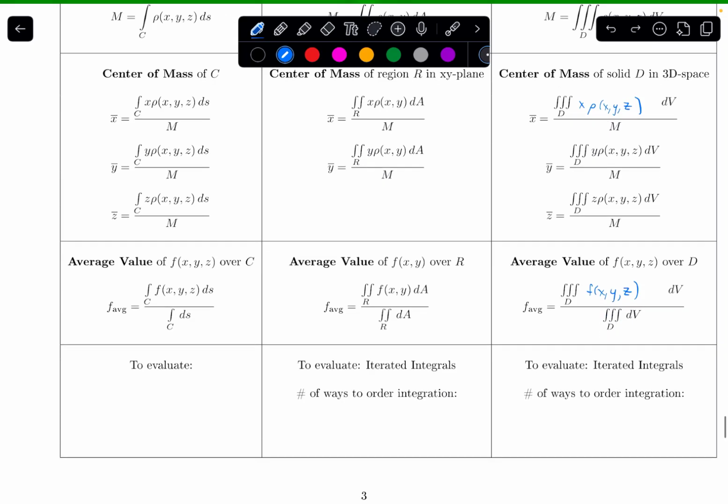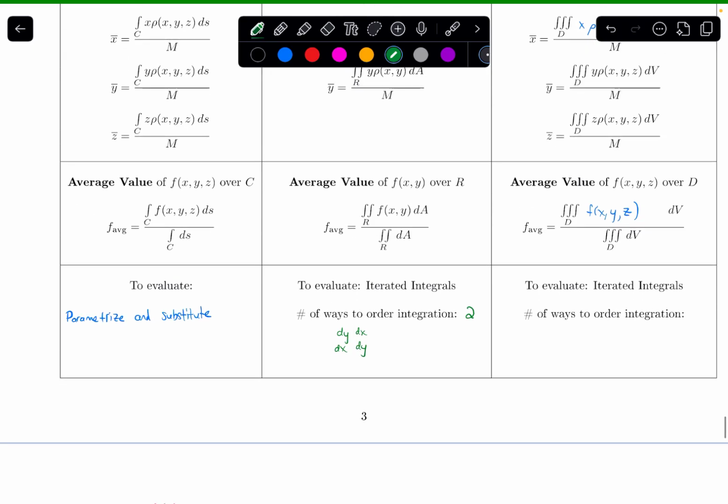Okay, so when I have a line integral, to evaluate it, we parameterize the curve, and we substitute it in. When we have double or triple integrals, we do iterated integrals, one integral at a time, to evaluate it. With the double integral, there are two orders of integration. I can do dy first and then dx, or I can do dx and then dy.